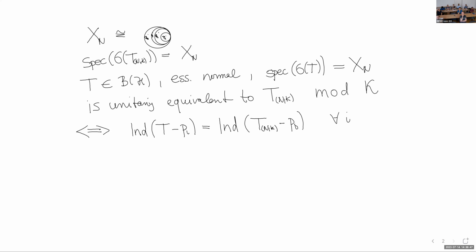The algebraic topology of this set determines when operators can be essentially unitarily equivalent. A special case: is it true that if all those indices are zero, then the operator is essentially unitarily equivalent to some compact perturbation of a normal operator? Exactly. It's true, yes.